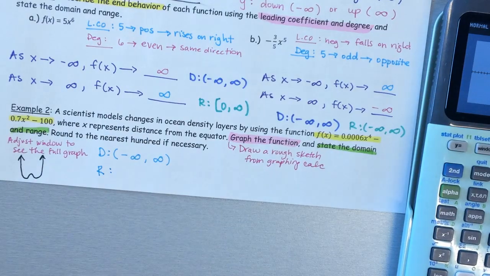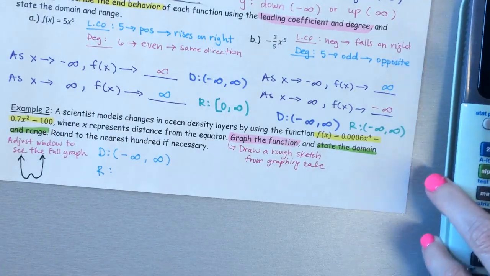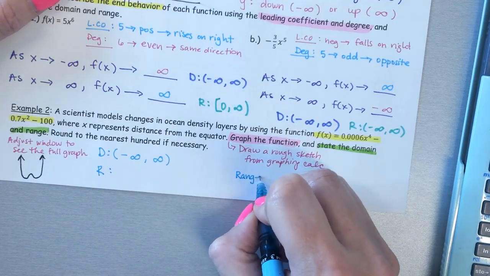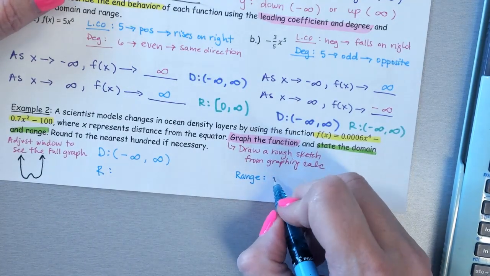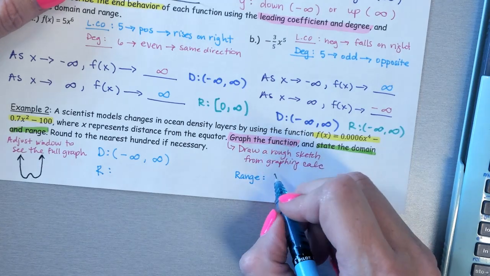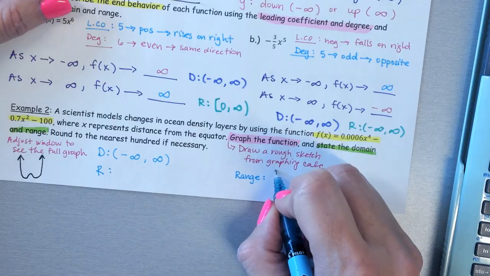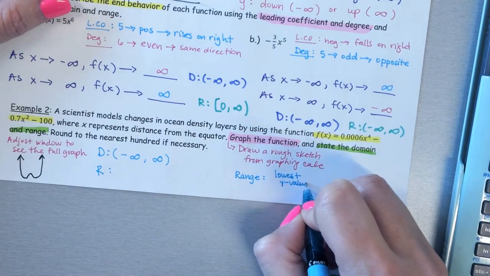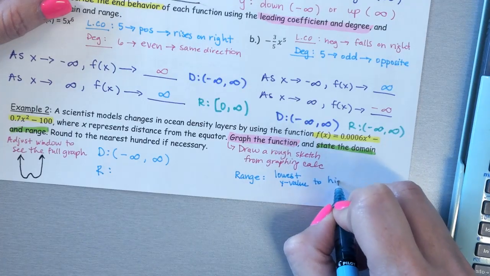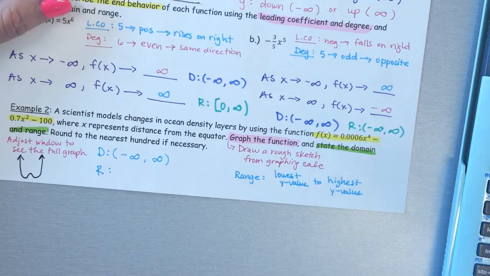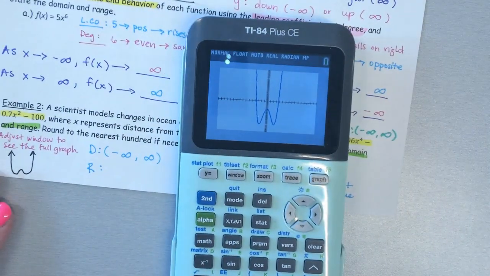Okay, and then when you are calculating your range, remember, your range is going from your lowest y value to your highest y value. That's why we need to be able to see this.